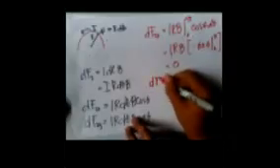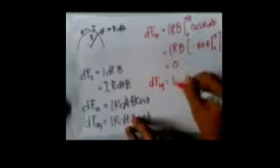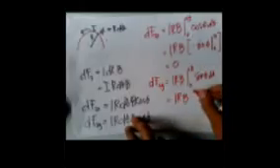Where our dF2y is equal to IRB, the integral of sine theta d theta from 0 to pi.